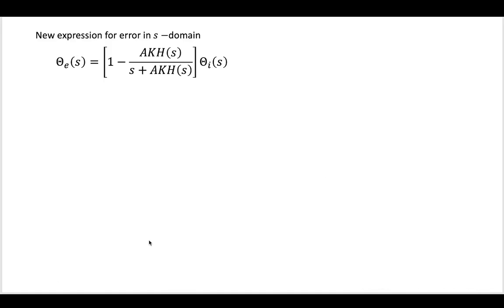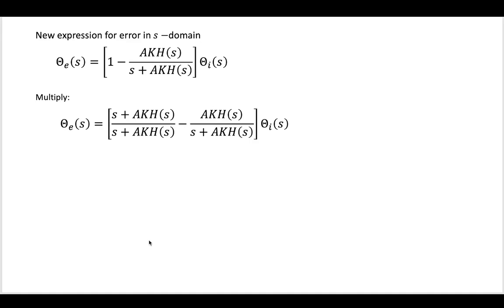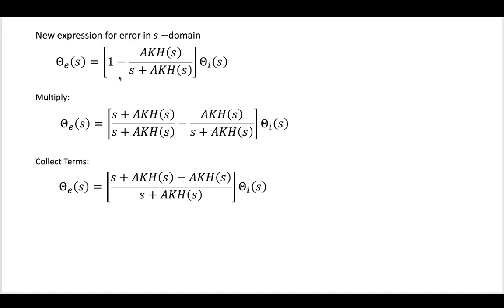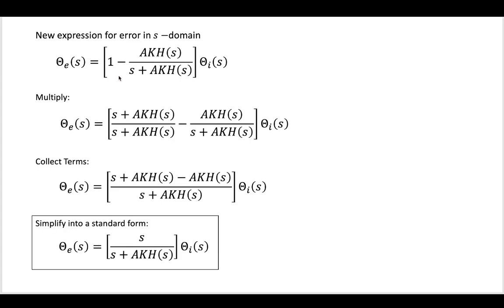This is our new expression for error. We're going to do some multiplication by 1 over 1, so take this denominator, multiply by 1 over 1. We're going to collect those terms together. Then we're going to simplify this into what would be considered a more standard form for an S-domain function.